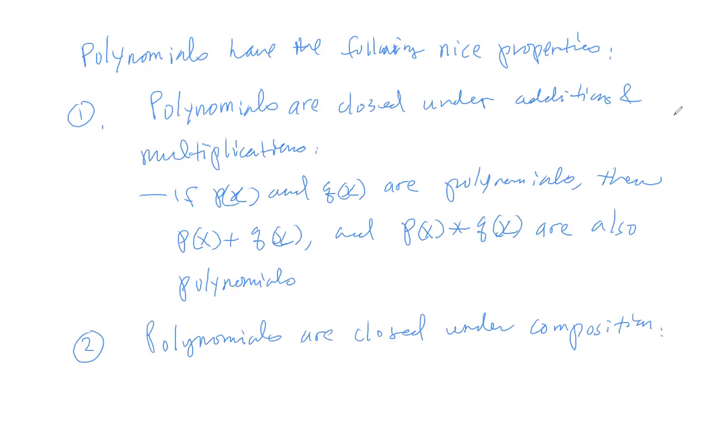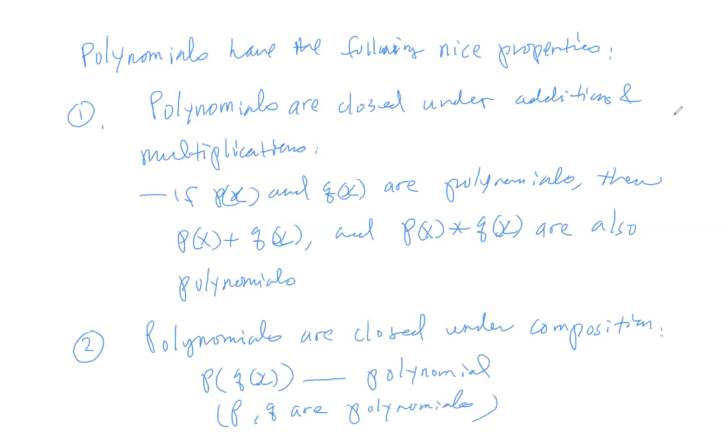In other words, if P and Q are polynomials, then replacing X by Q of X, this is also a polynomial. Here P and Q are polynomials. So that is a second property.